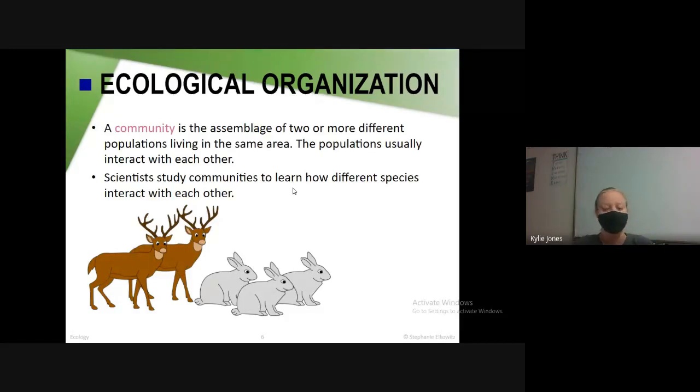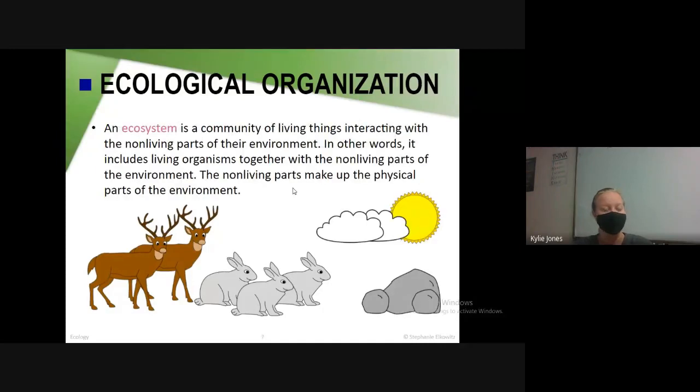What's our next one? Our next one is the ecosystem. An ecosystem is a community of living things interacting with the non-living things in the environment. So this is where we bring in non-living things like the sun and rocks and soil. Those all come to be part of the ecosystem.